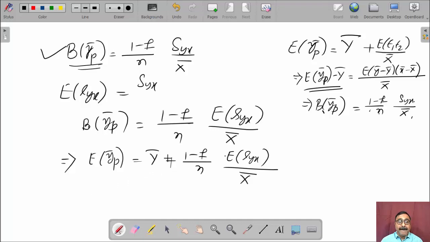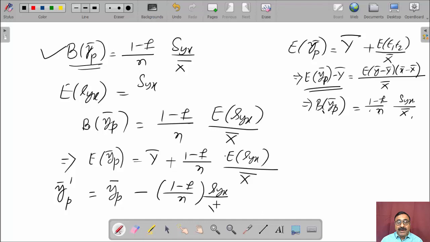So now we can define another estimator Ȳ_p dash, that is equal to Ȳ_p minus (1 minus f) by n s_yx by X̄.